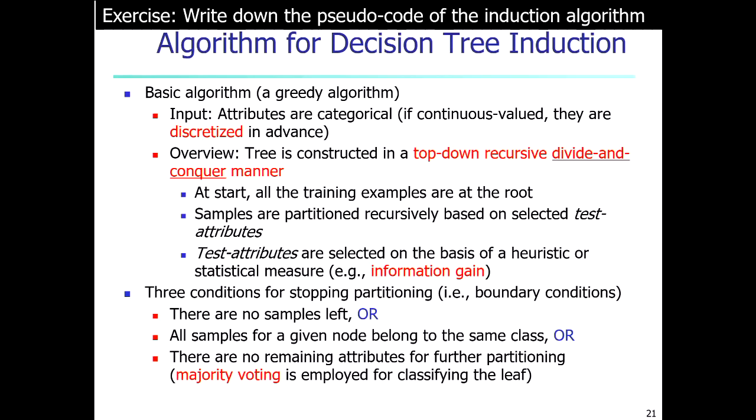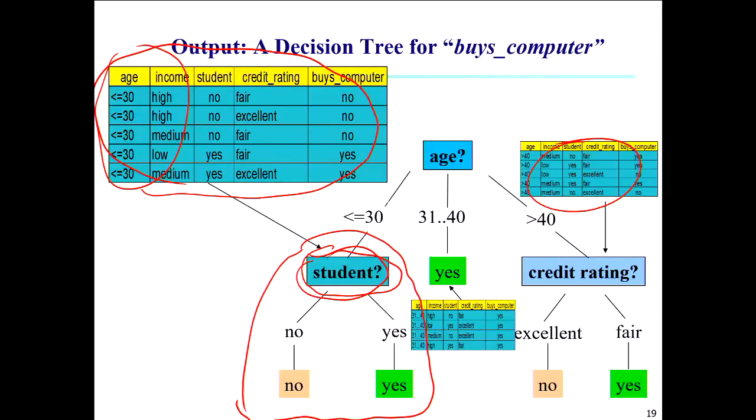The third one is that you cannot split or partition. That is because, for example, in this example, you first partition the data according to age. Then in this subproblem or subtree, you cannot split the data according to age again because all the ages are the same.